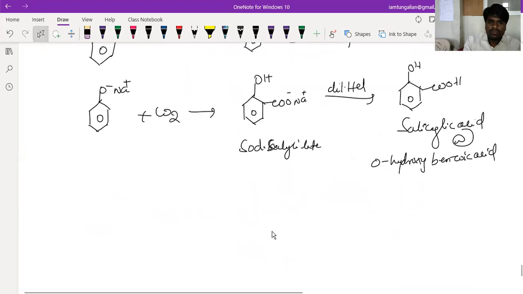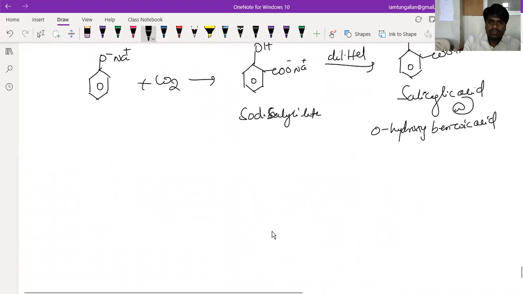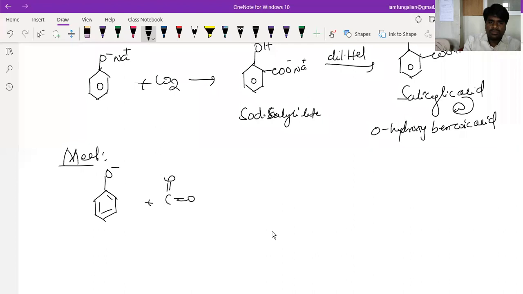What if you look at the mechanism? What is this? This is your phenoxide. This is your oxide, partially negative. This is partially negative. This is partially positive. What happens?